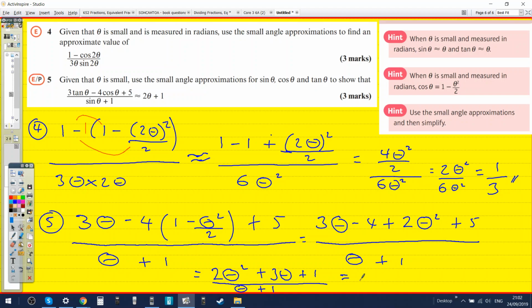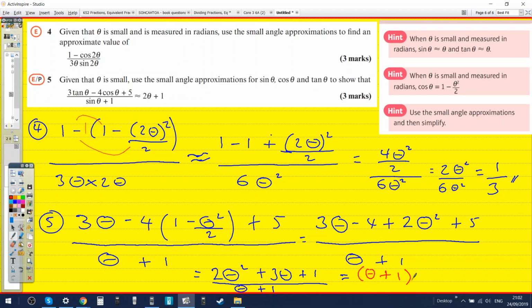So I get minus 0.5 and minus 1. And so what will be the two brackets? So theta plus 0.5 and theta plus 1.